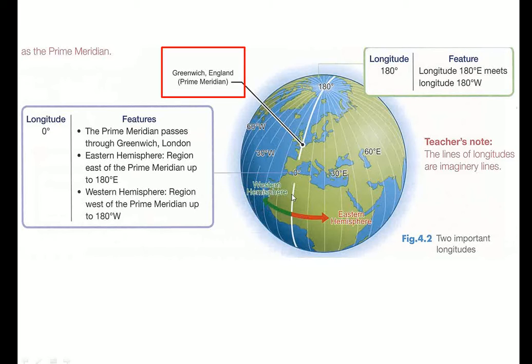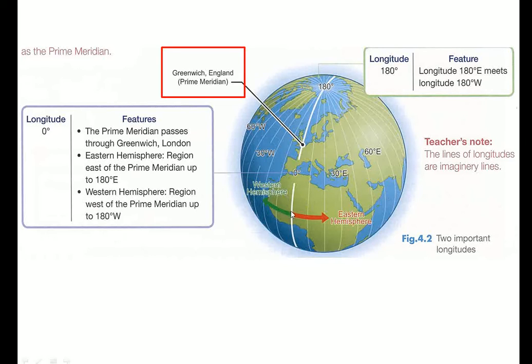From the 0-degree longitude, we can go to the east for 180 degrees. You can look at this: 0, 10, 20, 30, 40, 50, 60, and then up to here is 100 degrees. So here we have 180 degrees east.